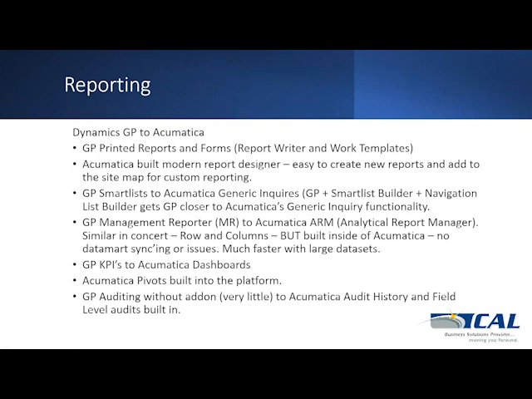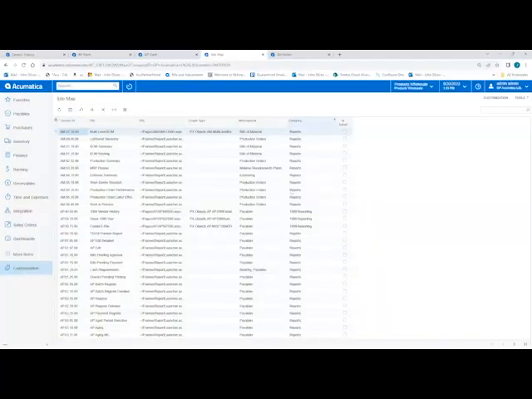You don't have any data marts like you do with GP and Management Reporter, where those can get out of sync and you've got to resynchronize the data mart in order to get things back in sync. On top of that, Acumatica's ARM is much faster than Management Reporter when you get into large data sets. With MR, sometimes you've got to literally just let it run 15, 20 minutes, half an hour, I've heard some people say. So it can be that way.